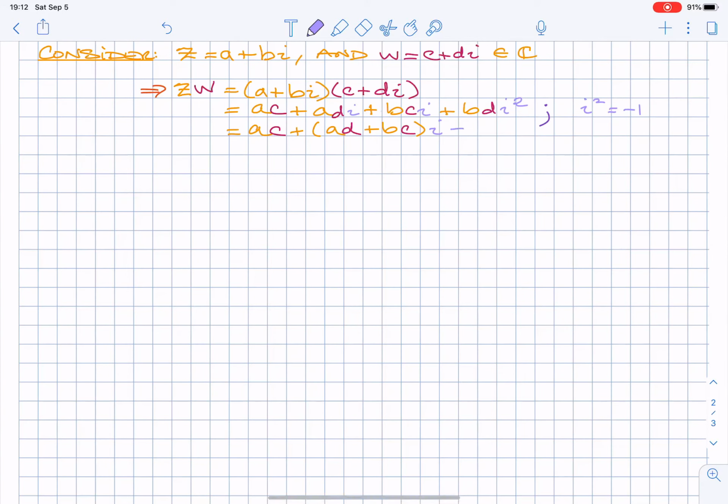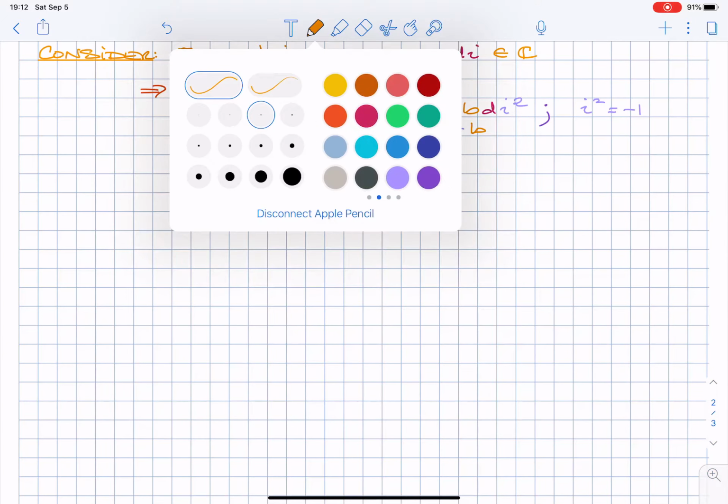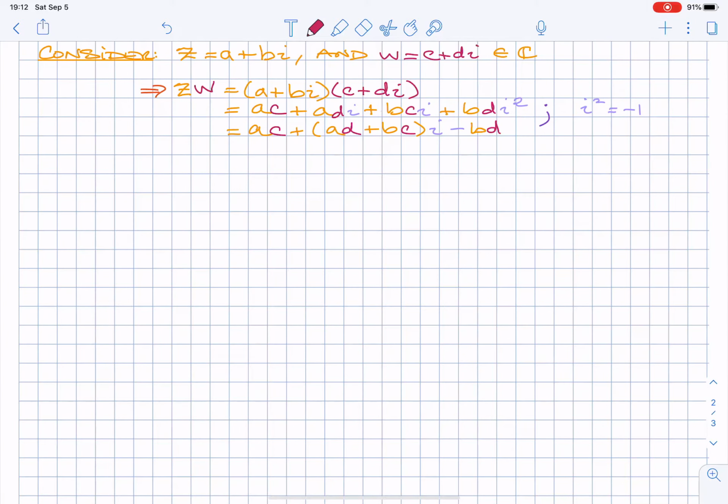And now we have a minus BD, right? That negative comes from the fact that i squared is negative 1.